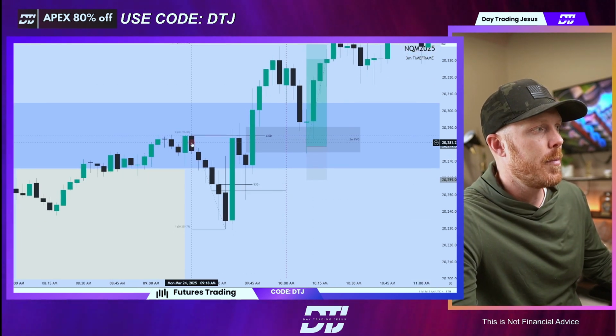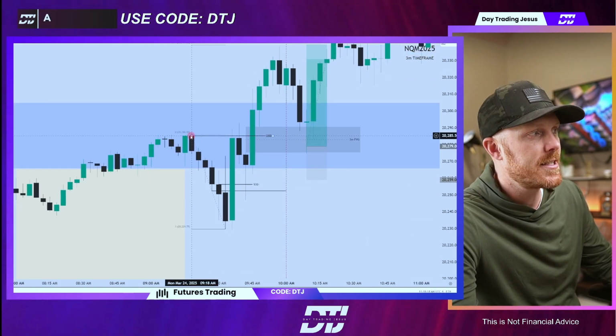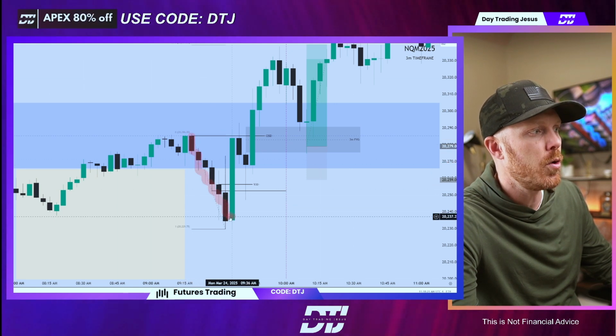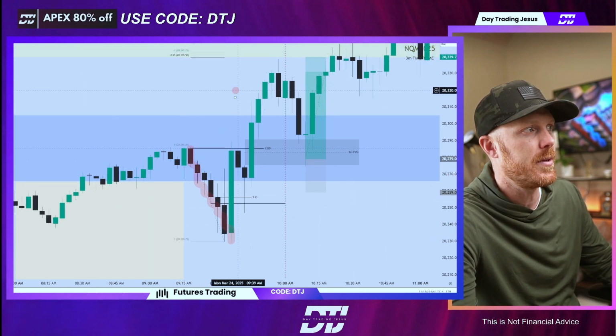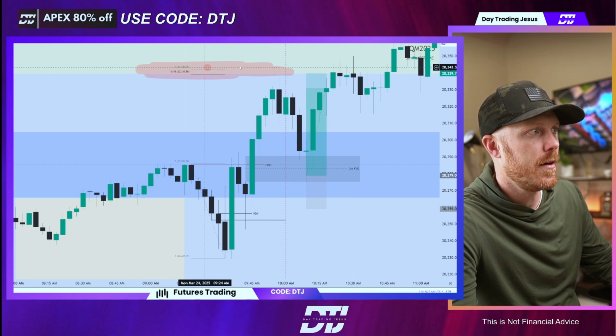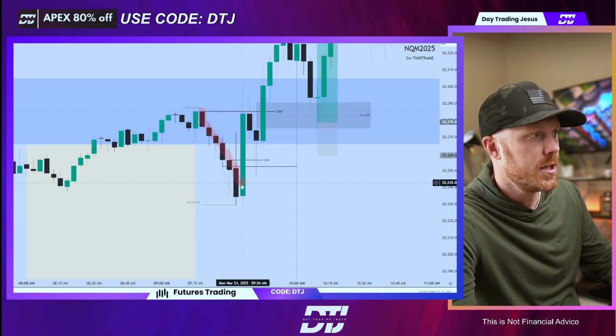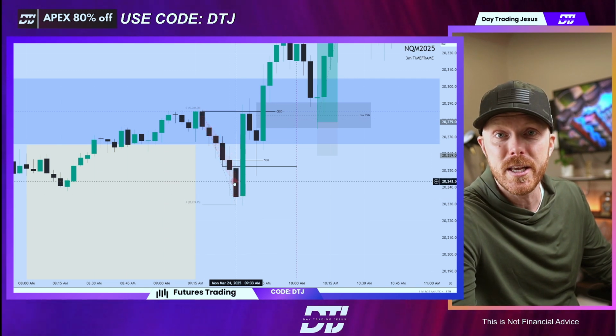I took our manipulation leg. Basically, it's the candles moving in the opposite direction of the potential target. We knew that the volume imbalance was a draw on liquidity. So when we see this price action running against it, it's what we call the manipulation leg.